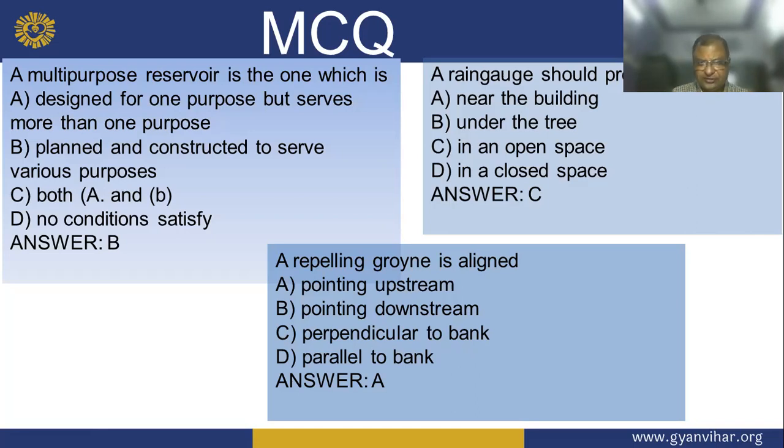Next question: a rippling gauge is... So which is the correct answer? Yes, the correct answer is A, pointing upstream.